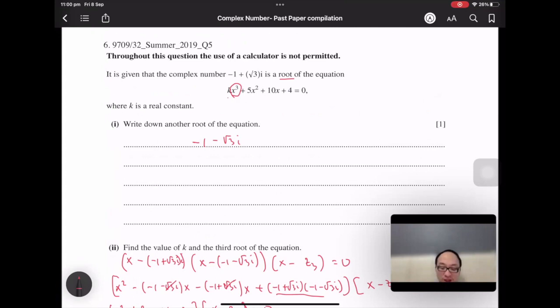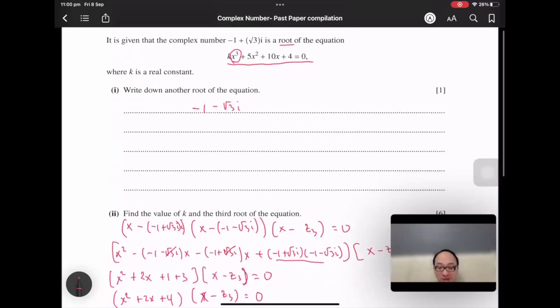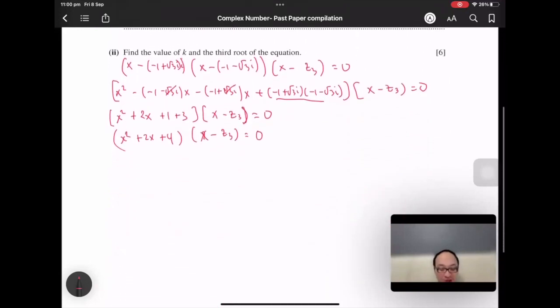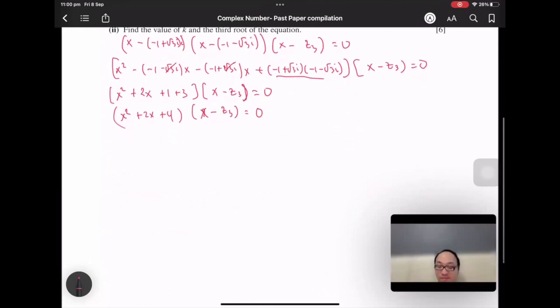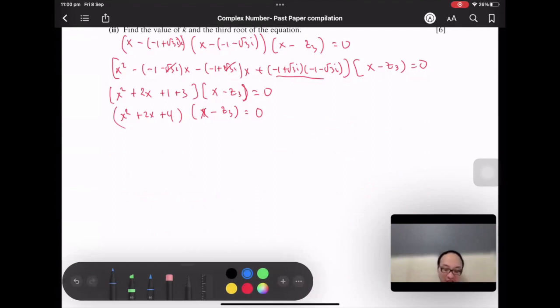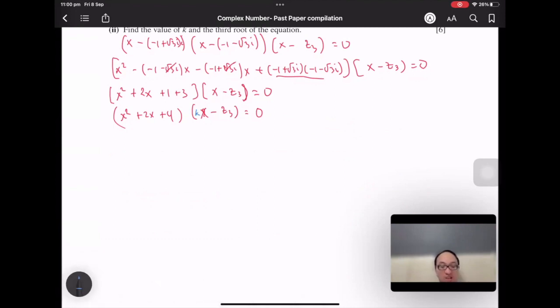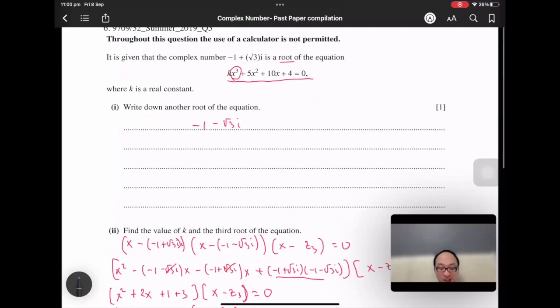Now in here we will have kx cubed plus 5x squared plus 10x plus 4 equals 0. So if we can see, we can find the root in terms of k in here, to get the k.